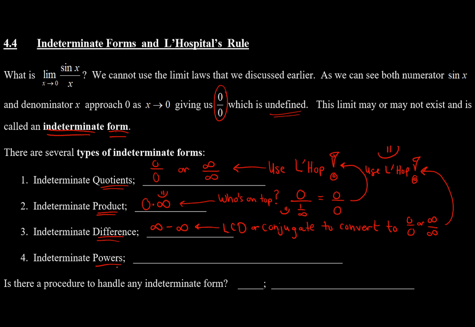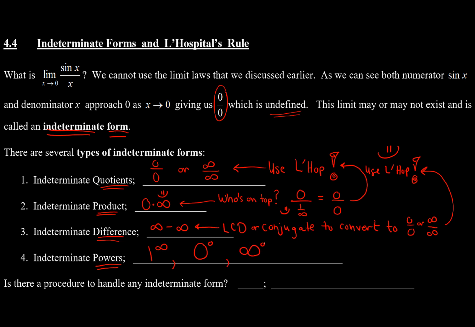If I have indeterminate powers, be careful about this one. This one's a little tricky. So for example, if I have 1 to the infinity, that's indeterminate. It's not 1. 1 to the infinity could be 2. Shoot, it could be pi. It could be 100. The other one is 0 to the 0. 0 to the 0 could be many things.